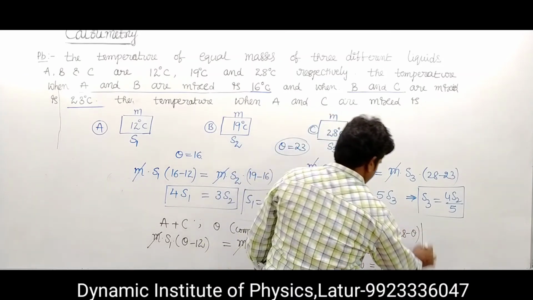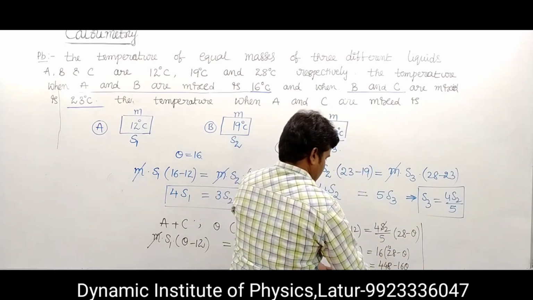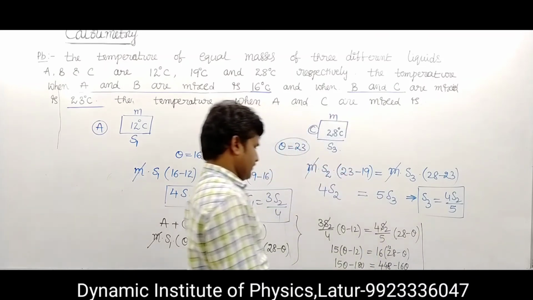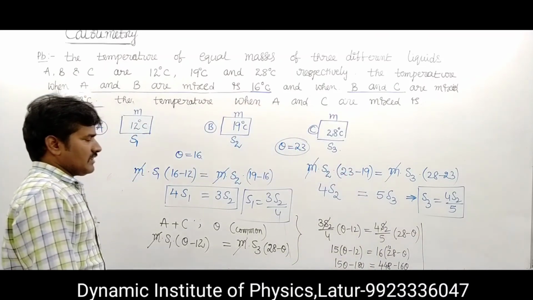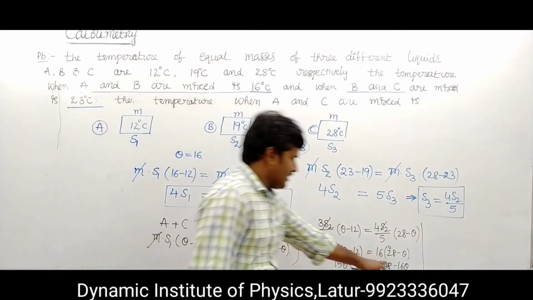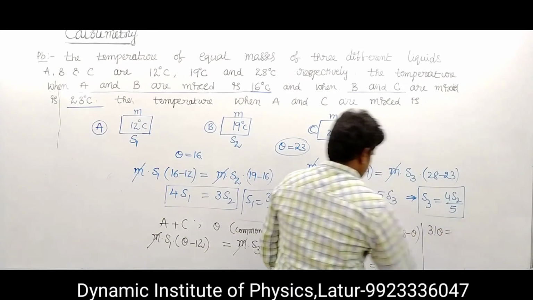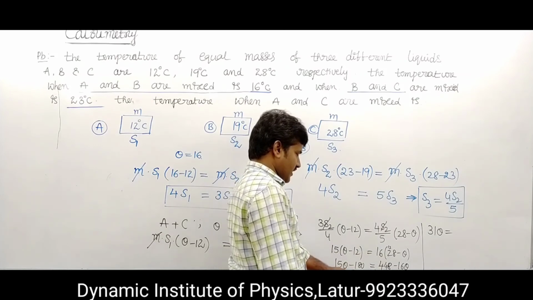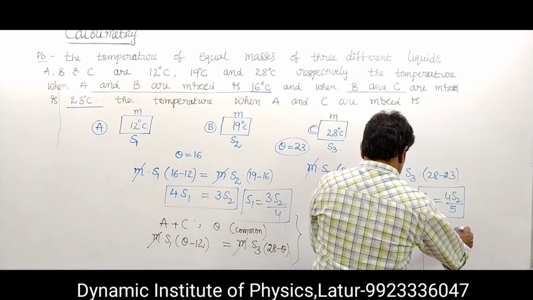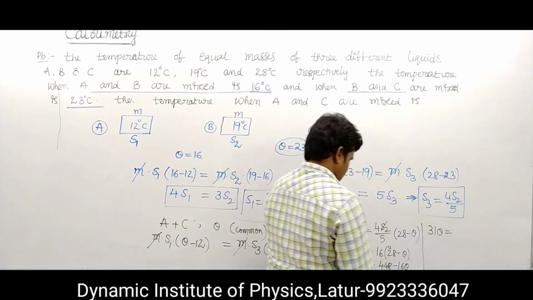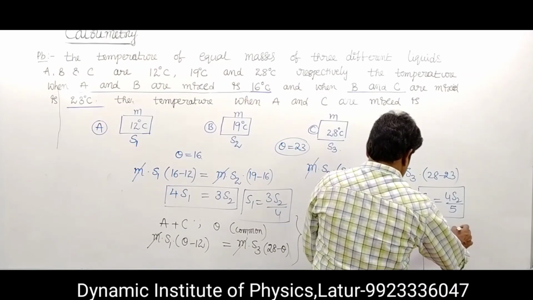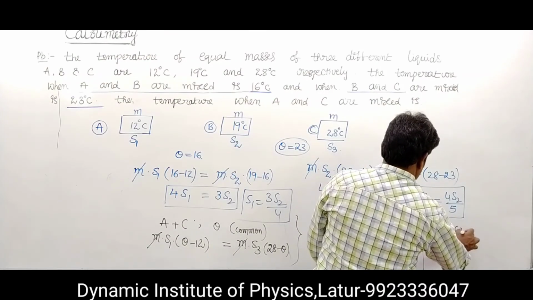Then 31 theta equals 448 plus 180, which is 628.